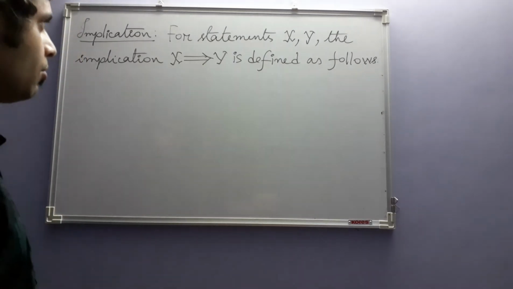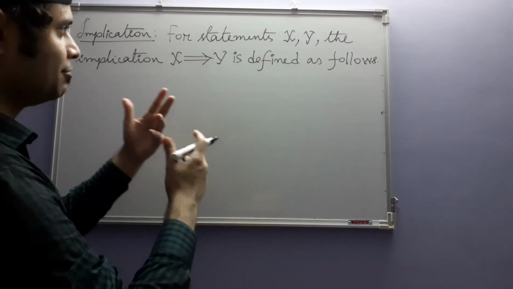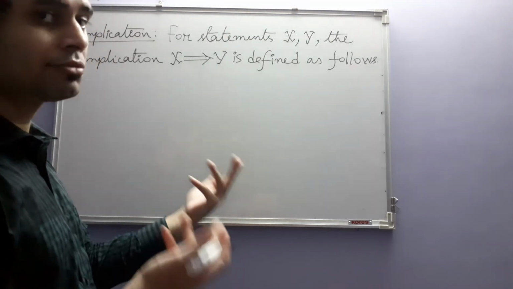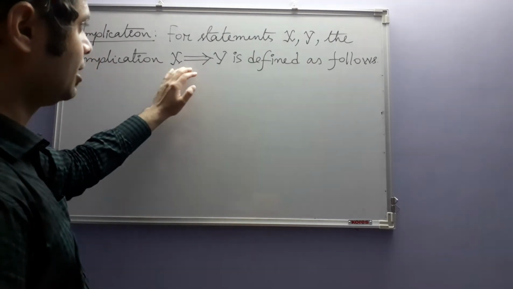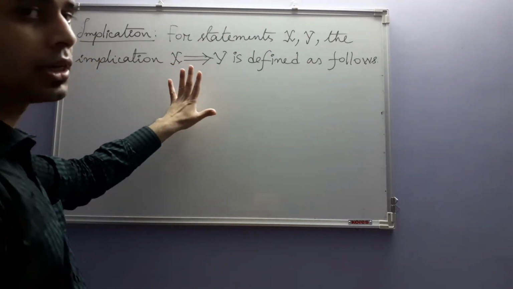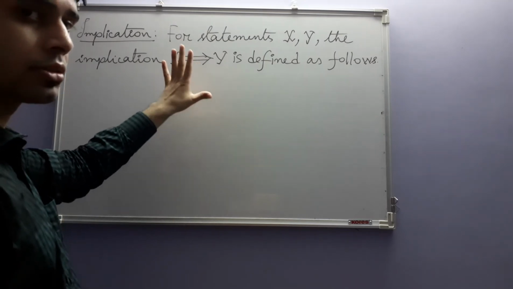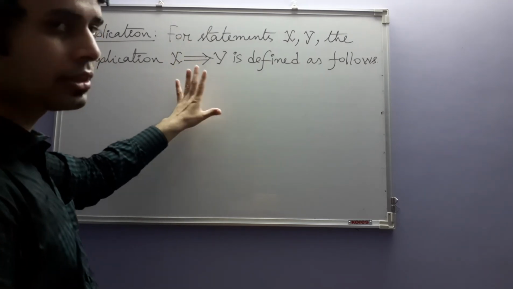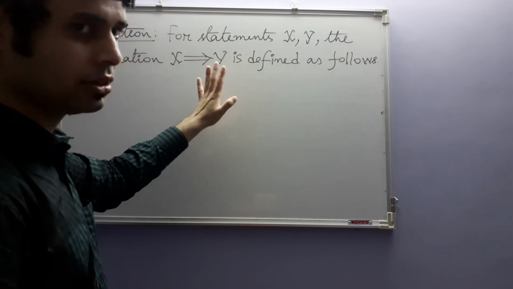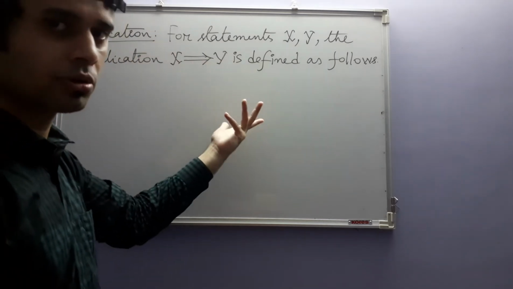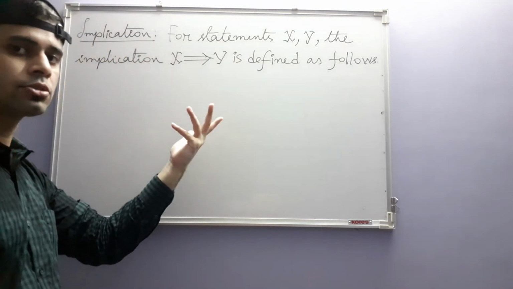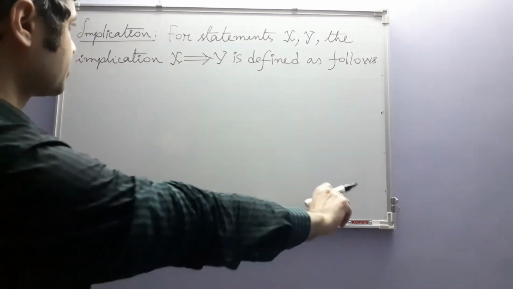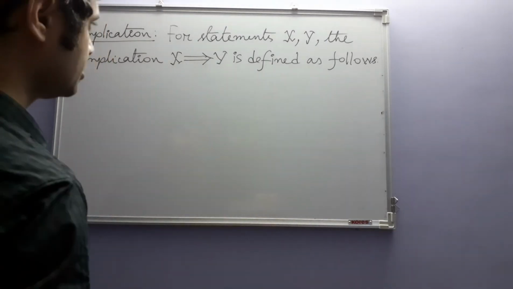What do we have to do in this case? We have to say when this is considered to be true and when this is considered to be false. That's the definition of a statement. That's all we need to know about a statement, when it's true, when it's false, as far as mathematical logic is concerned.